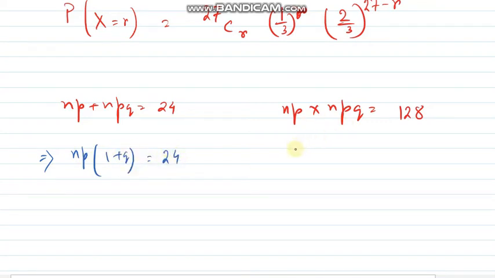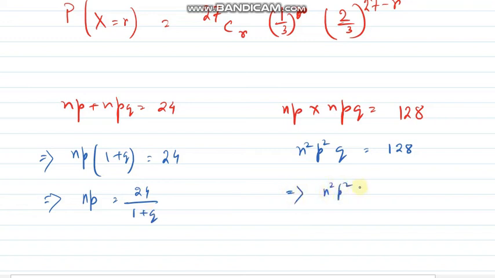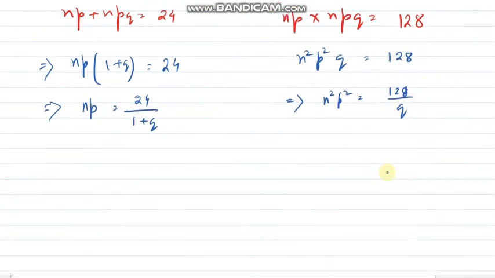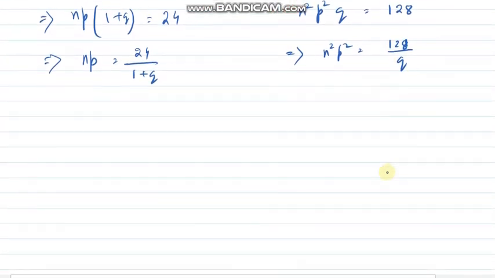From here, can we write n square p square into q is 128, right? From here, np equals 24 by (1 plus q), and n square p square is 128 by q. So just check, this is np, this is n square p square.